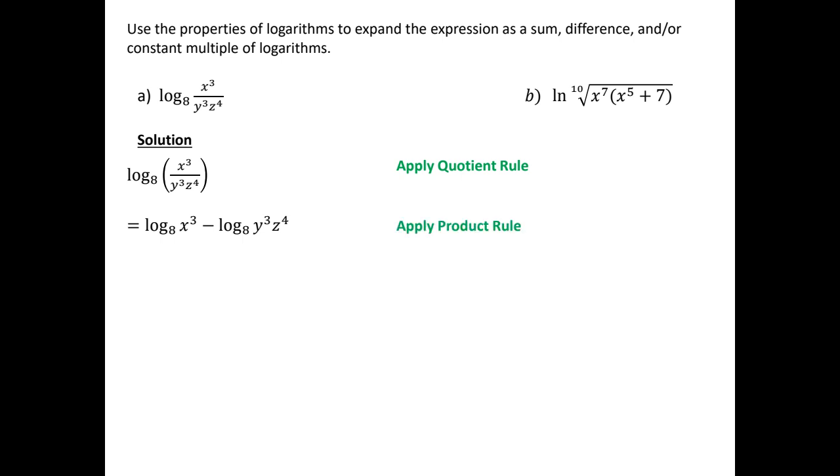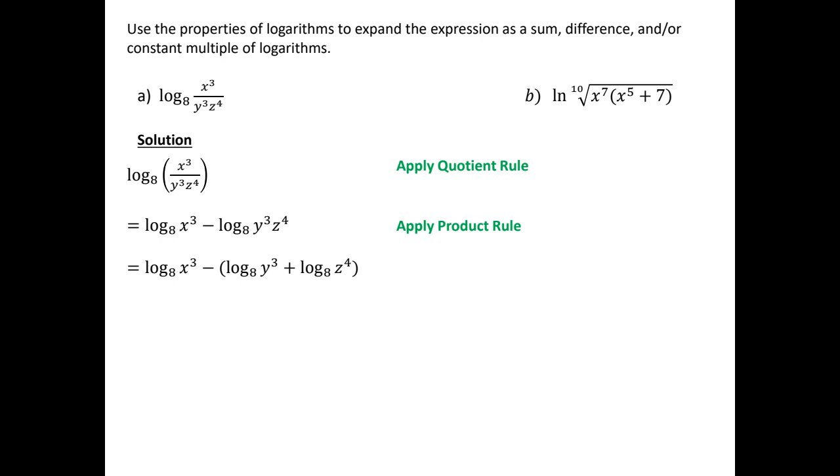So I'm going to apply, well, okay, we'll do it separately first for the second one. I'm going to apply my product rule for the second part. Okay, I'm going to separate these two. So I'm going to have the log of base 8 of x cubed, and this is one of the reasons why we wanted to separate this, because I have a subtraction here and other stuff is going on here.